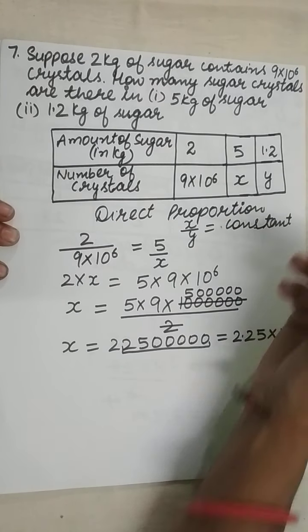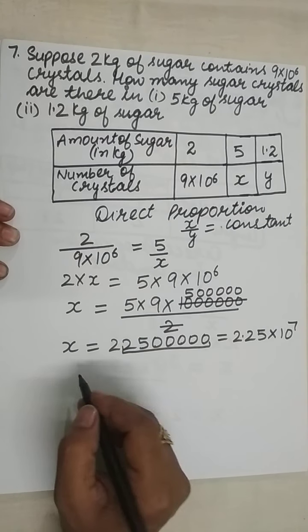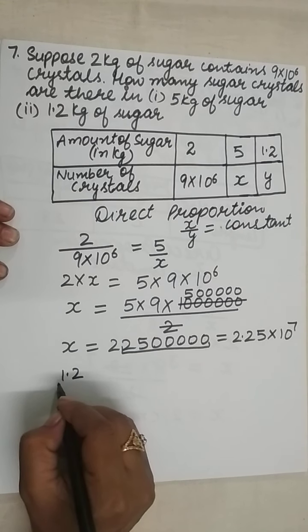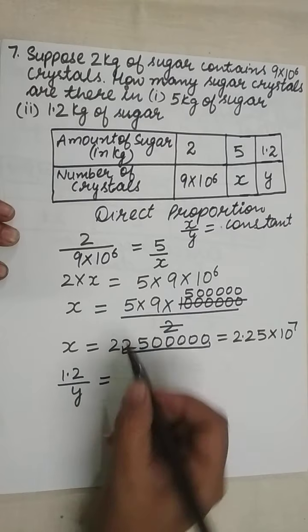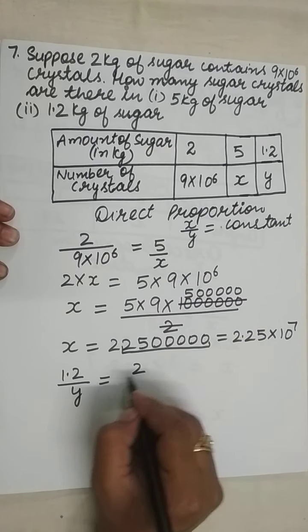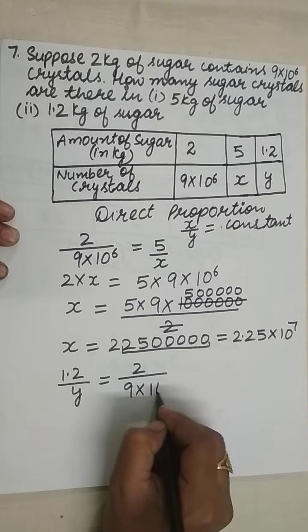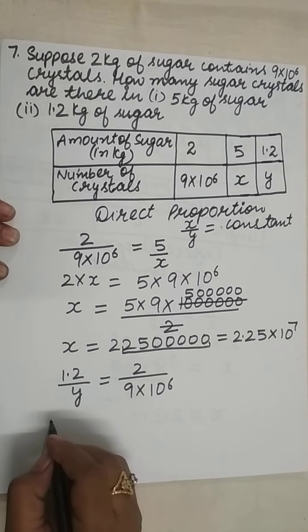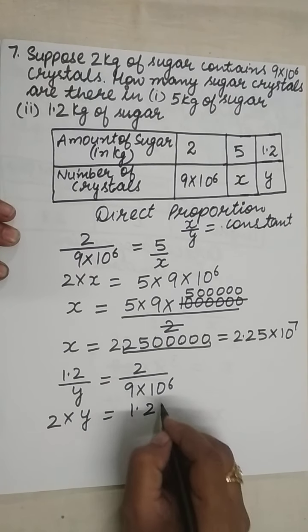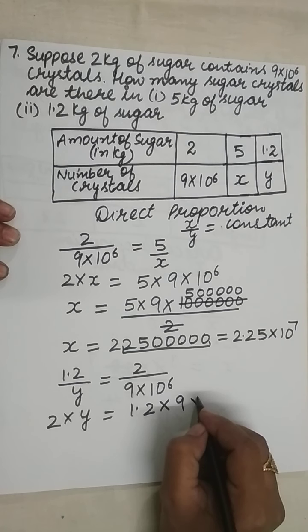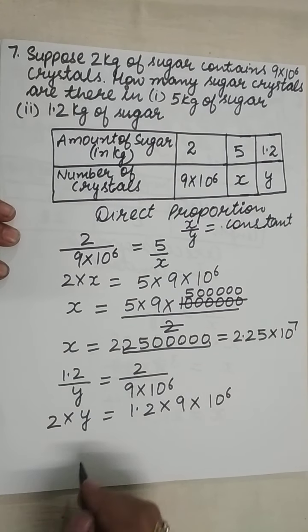Similarly, we can calculate for 1.2 kilogram of sugar, that is 1.2 upon y must be equal to 2 upon 9 into 10 raised to power 6. That is 2 multiplied by y is equal to 1.2 into 9 into 10 raised to power 6.